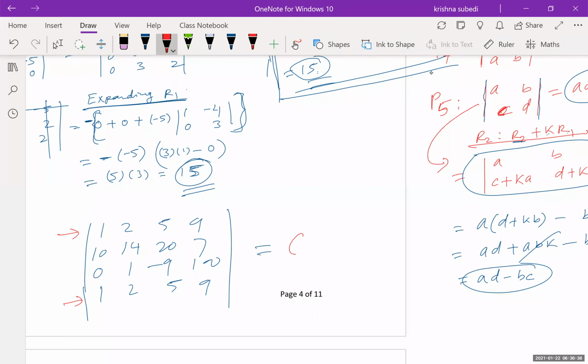So by the property, the answer will be 0. You see how much time you saved, right? That's all about properties. We know this property that if it has the same elements in either 2 rows or 2 columns, then the determinant will be 0. That is one of the properties. And now you get the answer right away.